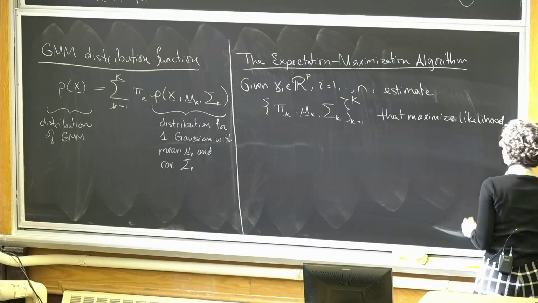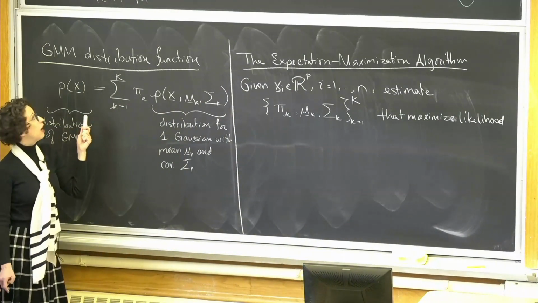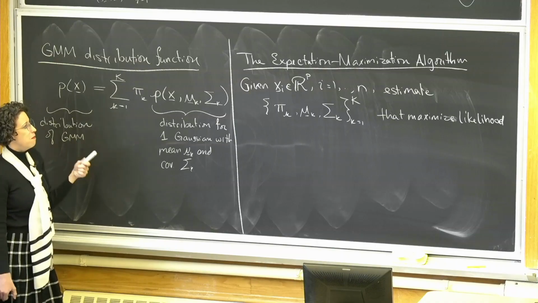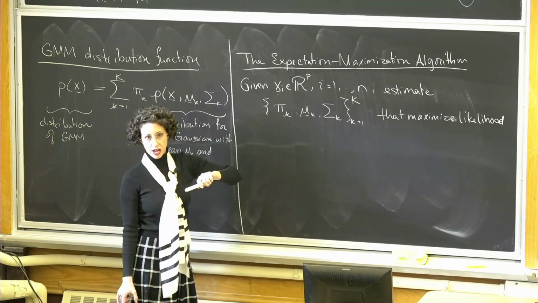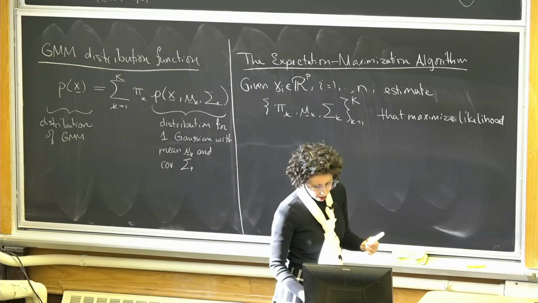So in other words, what are the parameters of this Gaussian mixture model distribution function that maximize the likelihood of me observing this collection of xi's? Okay, so this is our goal.